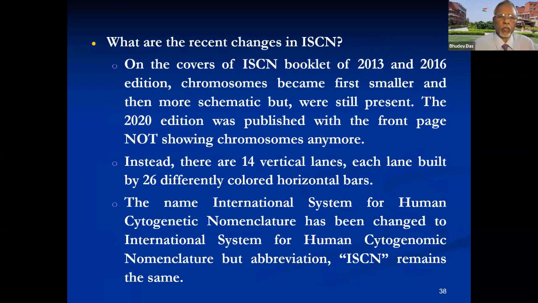But then the 2020 edition was published with a front page not showing any chromosome anymore, and instead there are 14 vertical lanes, and each lane held by 26 different colored horizontal bars. The name, International System of Human Cytogenetic Nomenclature, and the abbreviation still remain ISCN.